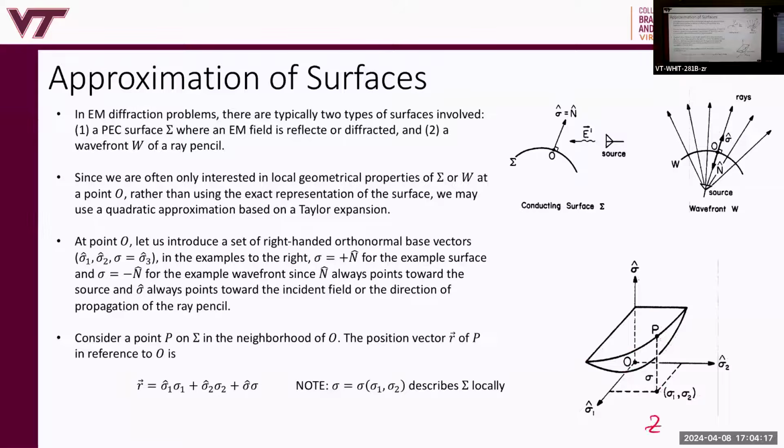So it's like Z equals F of X and Y. This surface we can call Z. So that means this is like sigma, the surface. Remember, capital sigma is the actual surface. Lowercase sigma is the Taylor approximation of the surface, equal to some function sigma of sigma 1 and sigma 2, right? Okay, good.